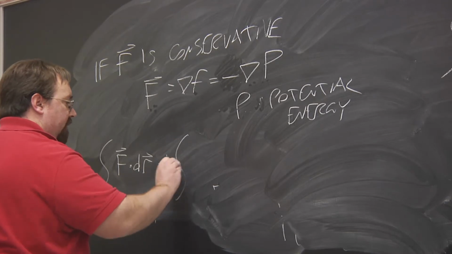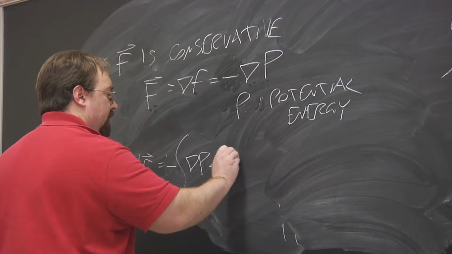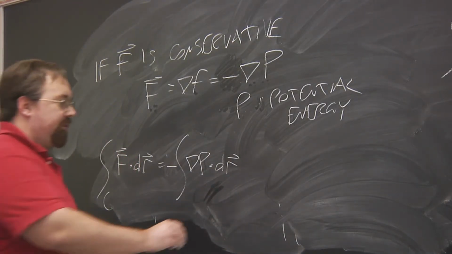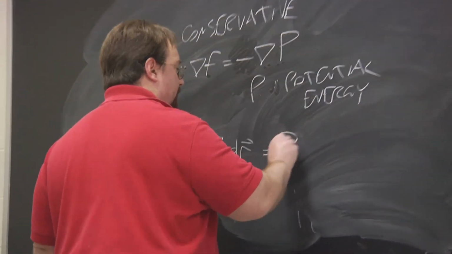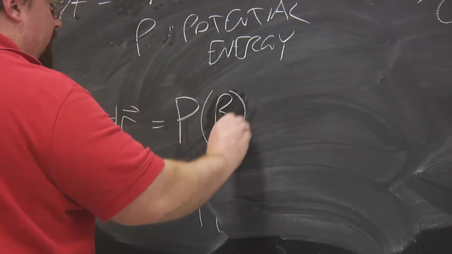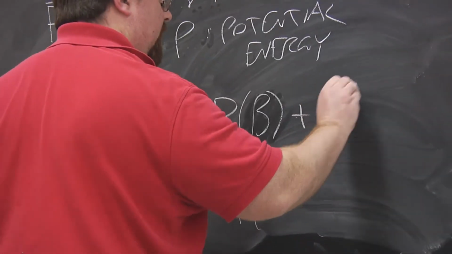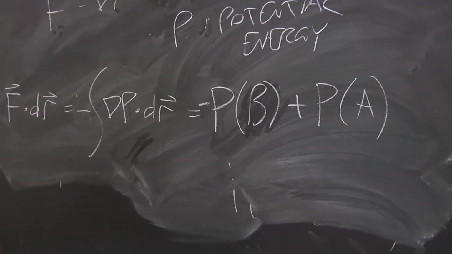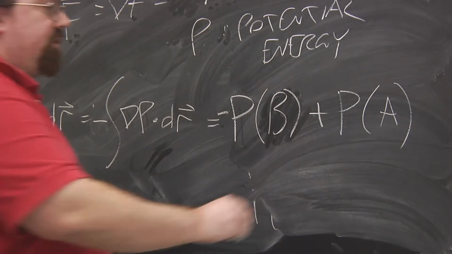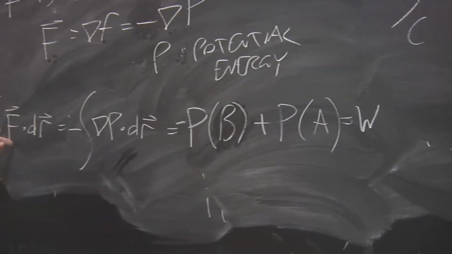So it's minus the gradient of P. So now we can apply the fundamental theorem of line integrals, and we get capital P at the endpoint, or minus, can't forget the minus, plus P at the initial point A. And this is also equal to the work, because the line integral is always equal to the work no matter how we end up interpreting this vector field.